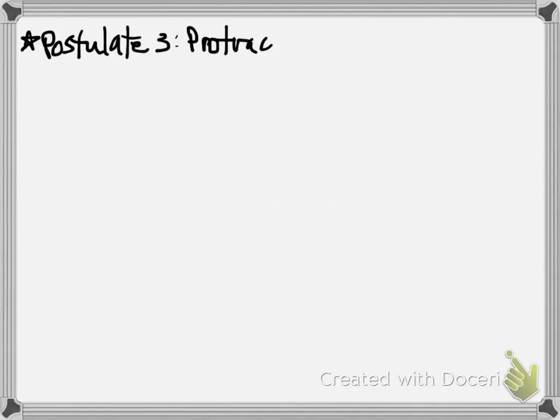So we're going to take that and we're going to change it. And because it has a name, that gives us a little bit more freedom. Remember, stars means you're going to put the card in that other pile. This is postulate 3 because it's the third one in our book. And this is called the protractor postulate. So in any kind of proof, we would be just saying its name. We would not have to write it out.